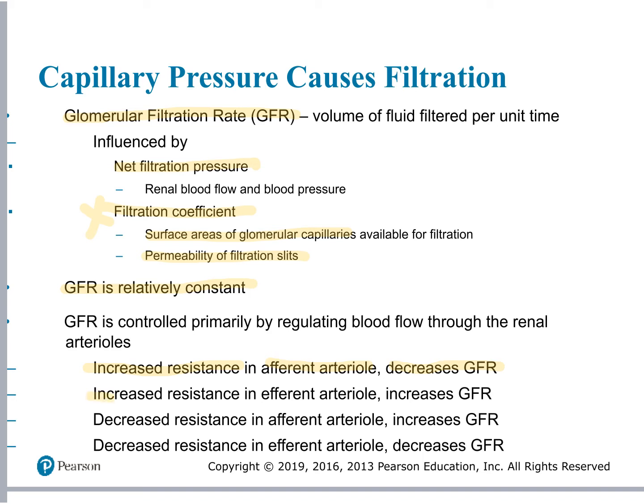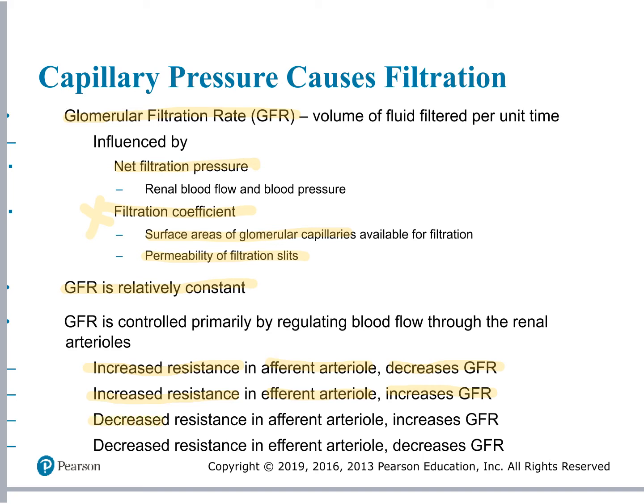But what if we increase the resistance in the efferent arteriole? The efferent arteriole is the arteriole that leads away from the glomerulus. If we vasoconstrict the efferent arteriole, we're going to increase the hydrostatic pressure inside of the glomerulus. So that would increase the filtration rate.